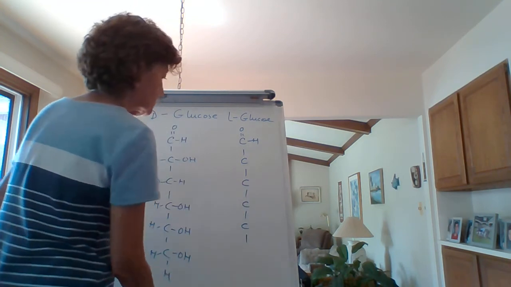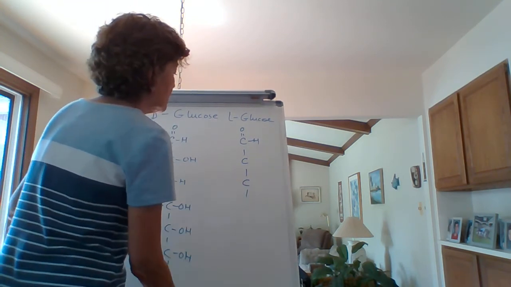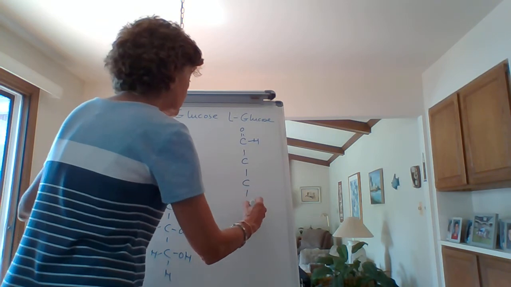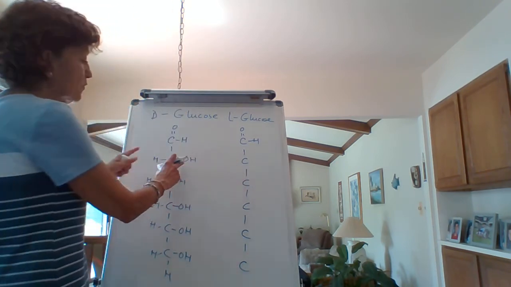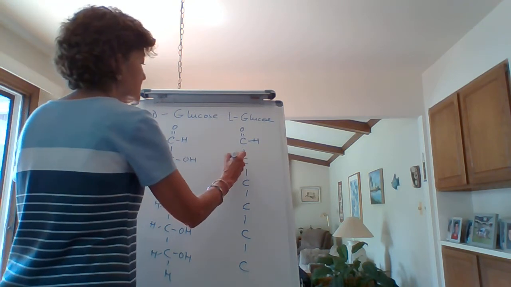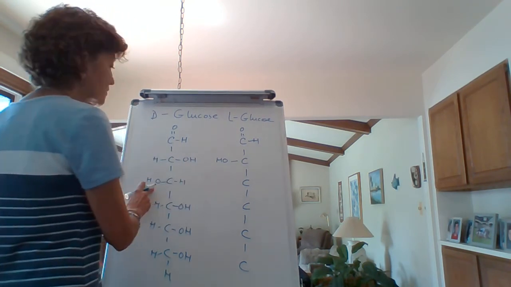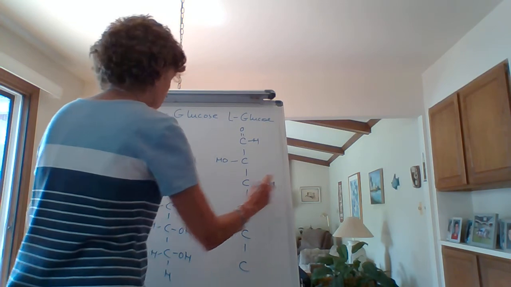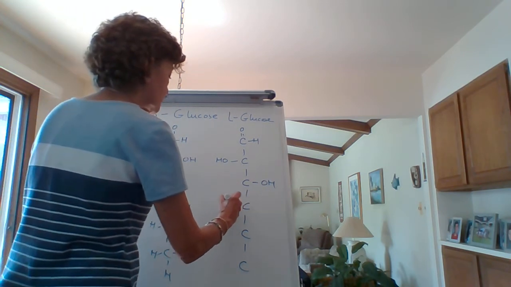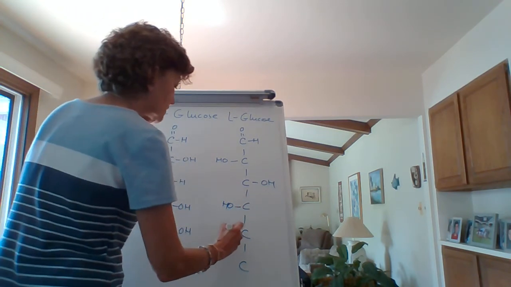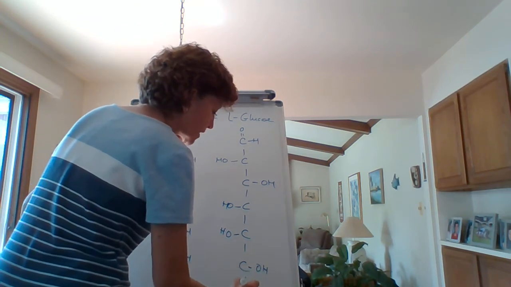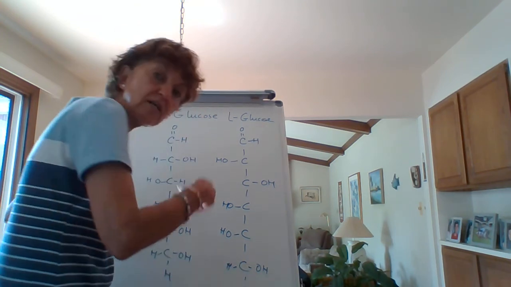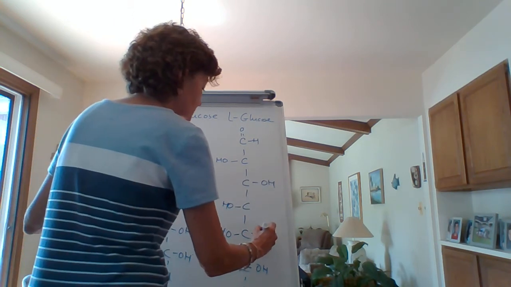Why am I squishing it like this? Carbon 1, 2, 3, 4, 5, and 6. All right. So this was to the right, this becomes to the left. This was to the left, this goes to the right. This was to the right, this goes to the left. This was to the right, this goes to the left. And then this one does not matter because it is not chiral. My CH2OH does not matter at all.